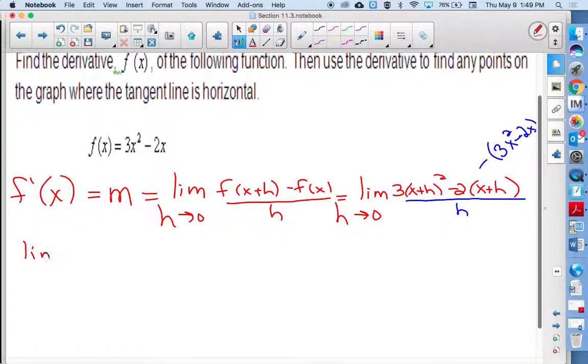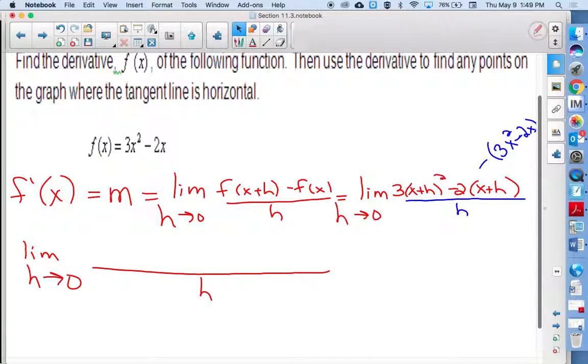All of them, yes. See if you can try and FOIL, distribute, simplify that expression once we plug in the x plus h. So 3 times x plus h squared minus 2 times x plus h minus the function. Brandon, do you have it?